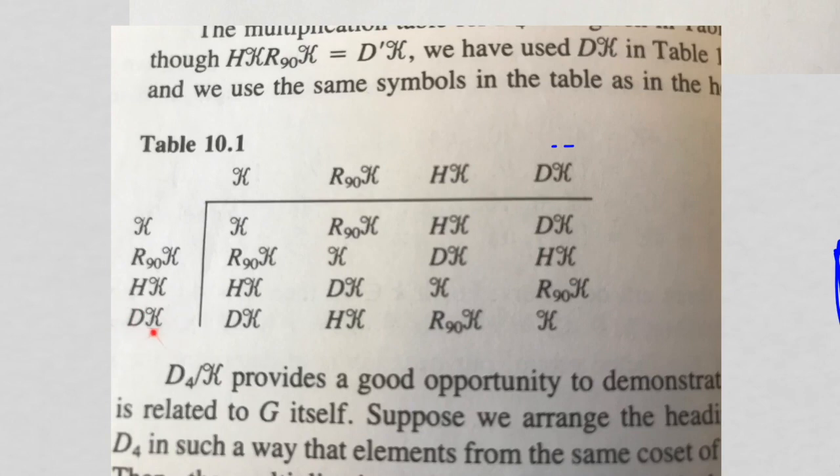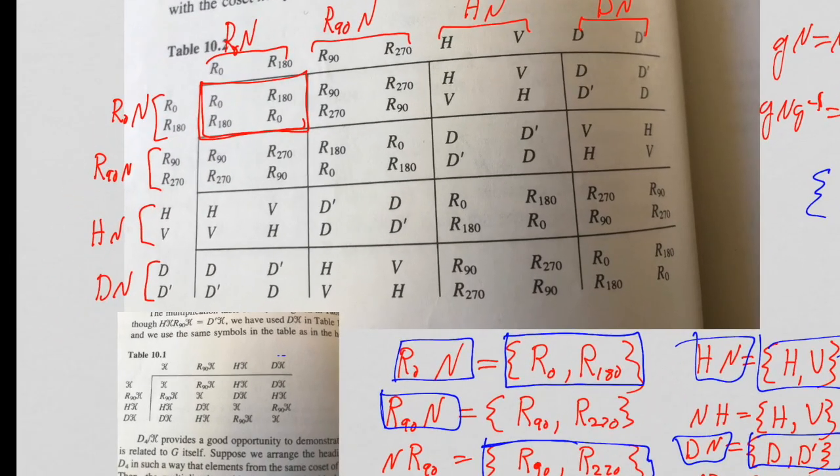The elements in this coset, when multiplied by any element in that coset, will always give me an element in this coset, right? And that is to be understood from this table, right? This coset here, taking any element in this coset, multiplying it by any element in, say, that coset.